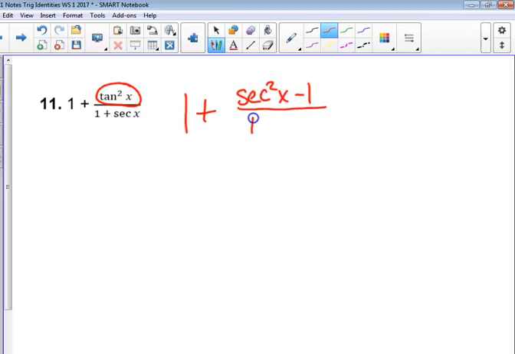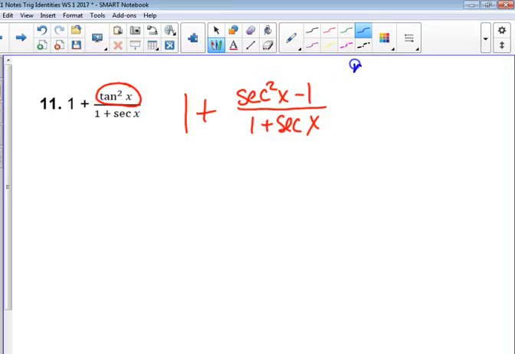Now, we got to be a little bit tricky because we can't cancel, right? Because of the pluses and minuses. Yes, which is, Kirsten also said you factor.